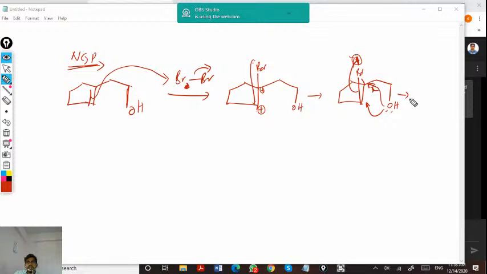So bromine will get added to the more substituted carbon, and then the oxygen of the OH will attack here. Okay, so it becomes plus and this becomes H. Now H plus will be left, resulting in the cyclic product with bromine.